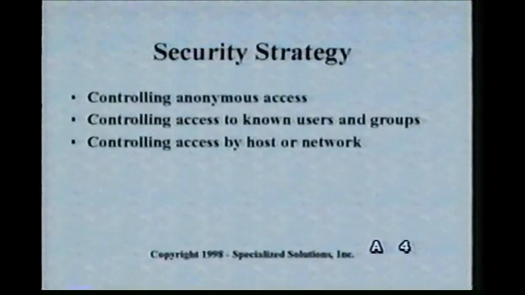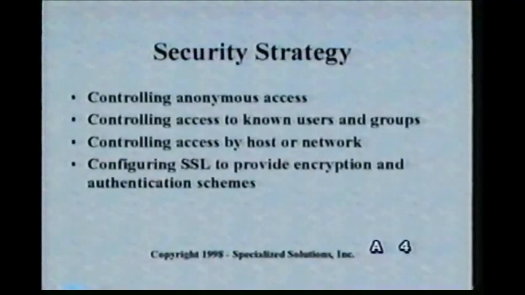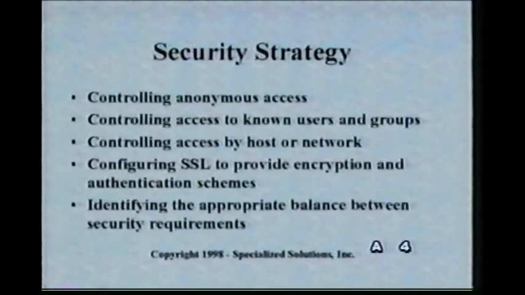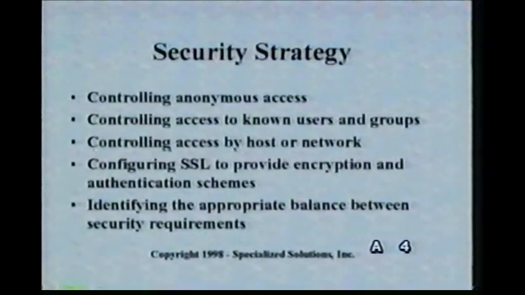The next thing you may want to consider is whether you're going to be using SSL, or Secure Sockets Layer, to provide encryption and authentication schemes with your Internet Information Server. And finally, you want to identify the appropriate balance between using IIS security and Windows NT NTFS security, or the NT file system security that's inherent within Windows NT.